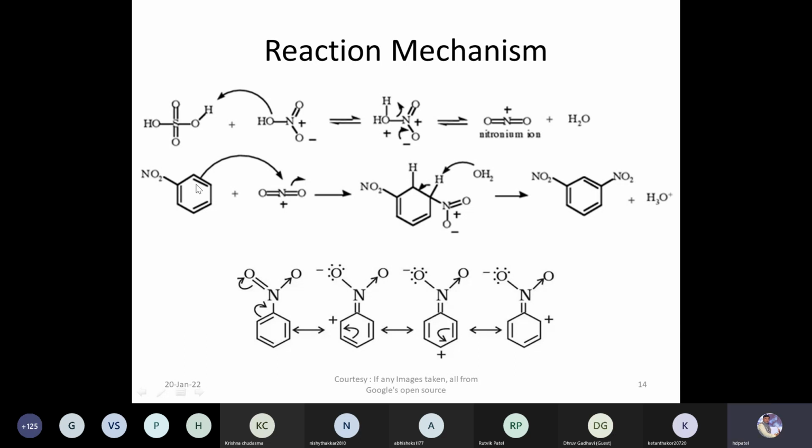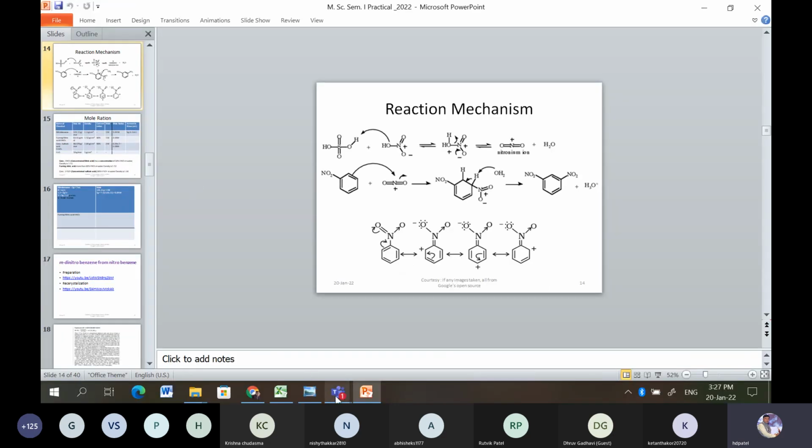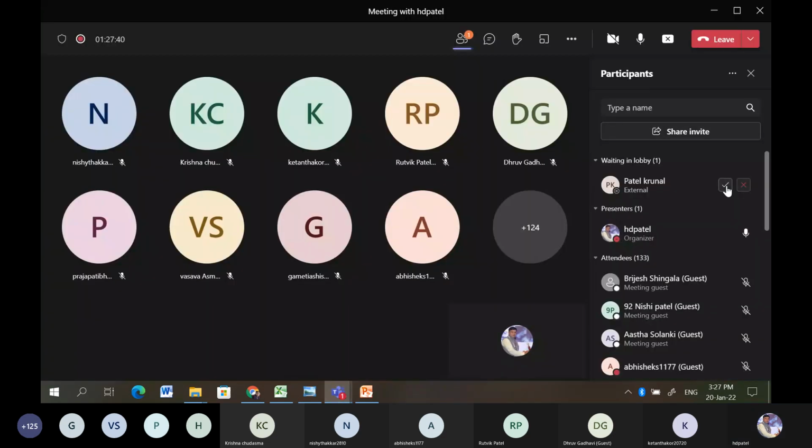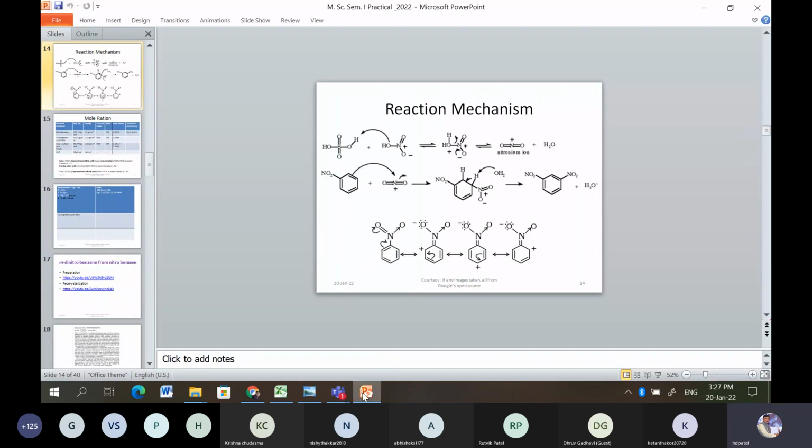But normally we take nitrobenzene in a conical flask, and then with constant stirring at low temperature, again maintaining or reducing the temperature, we mix this compound.